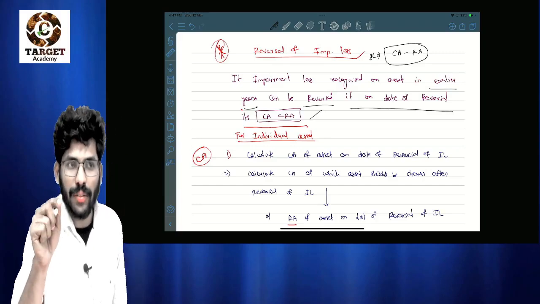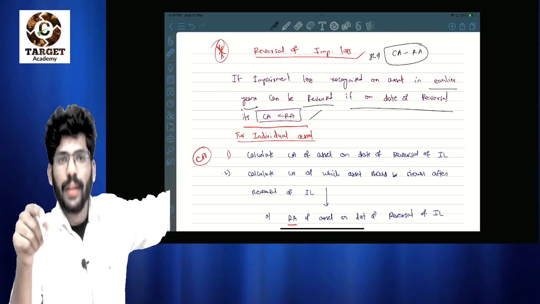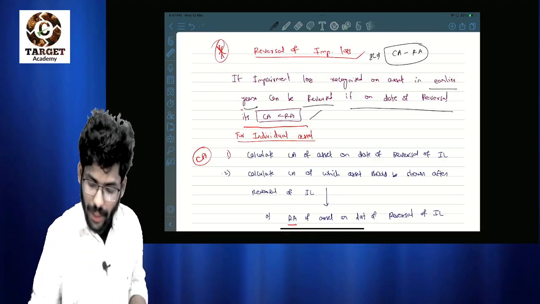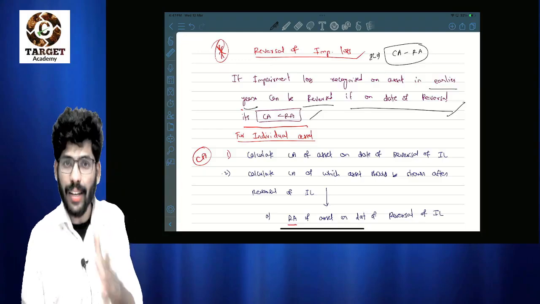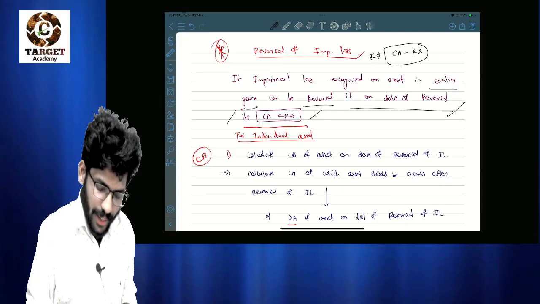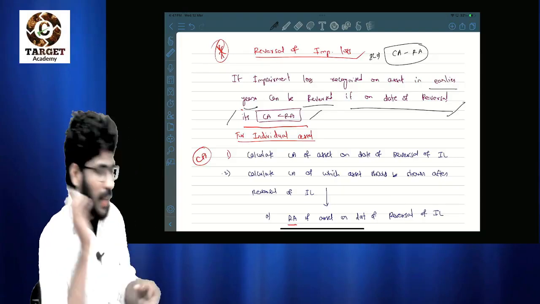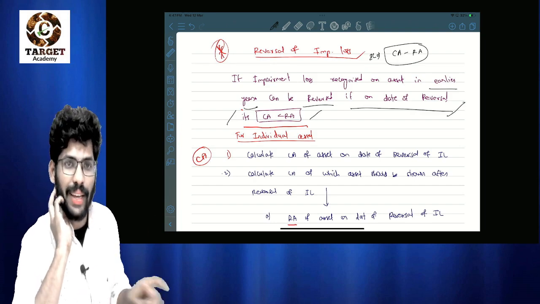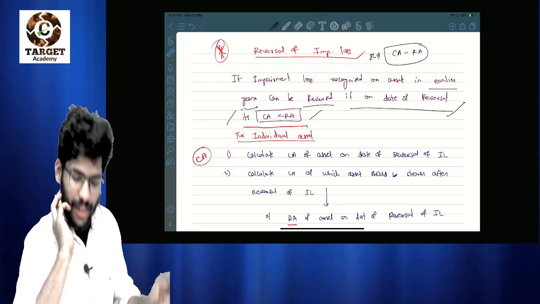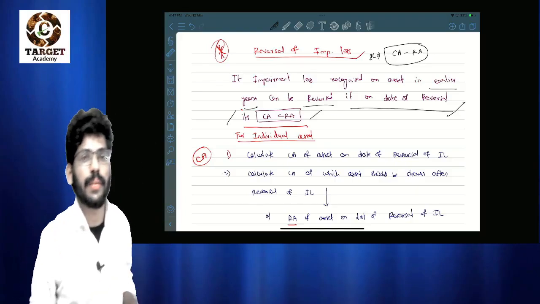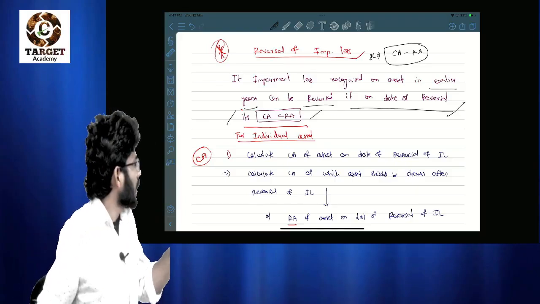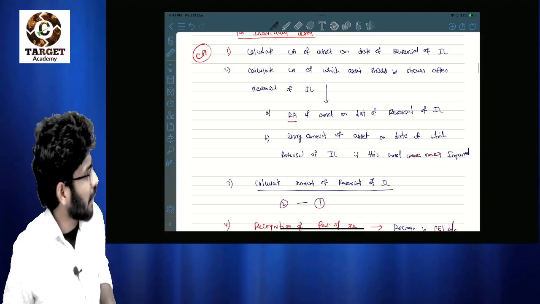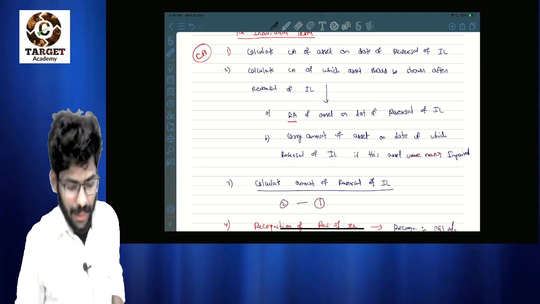If impairment loss was recognized in previous years, it can be reversed only if, on the date of reversal, the carrying amount is less than the recoverable amount. Then only you need to reverse. Otherwise, don't reverse. See how to calculate and what steps we have.